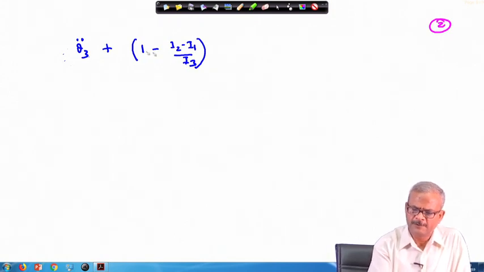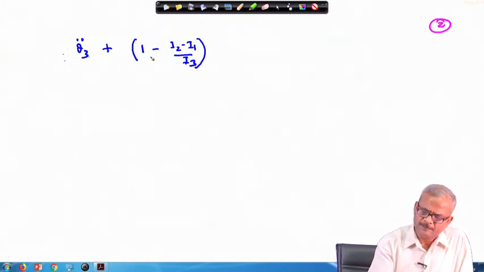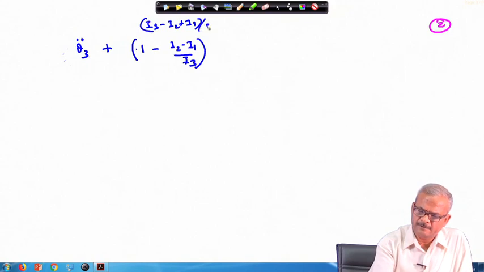If we look here, if we multiply it like this, this will get reduced to I 3 minus I 2 plus I 1 divided by I 3.